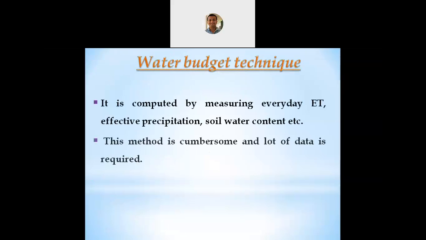Another approach is the water budget technique. It is done basically by computing the everyday evapotranspiration, effective precipitation, and soil water content.